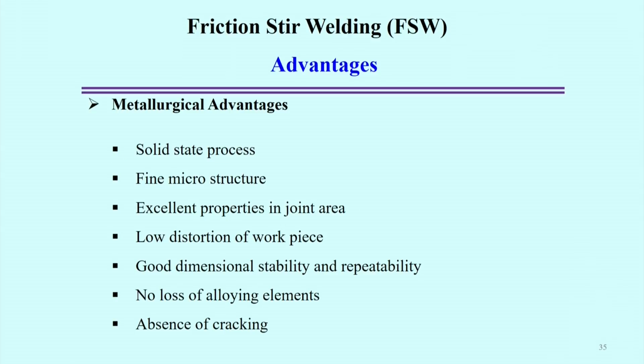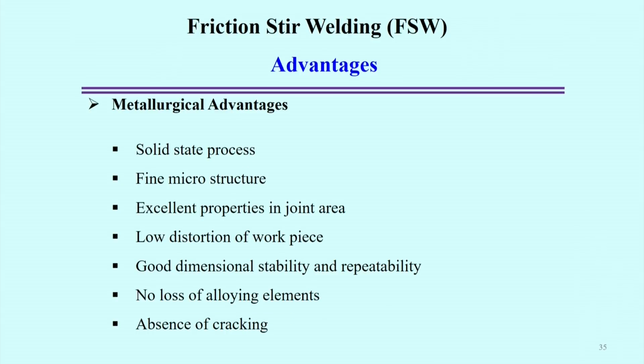Excellent properties in the joint area. If the joint can be produced without any internal cracks or defects, then the weld joint properties are very high, and almost similar to the base materials can be produced using the friction stir welding process. Definitely low distortion of the workpiece, which is a severe problem in fusion welding processes.